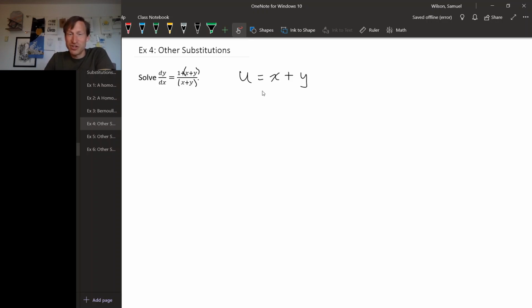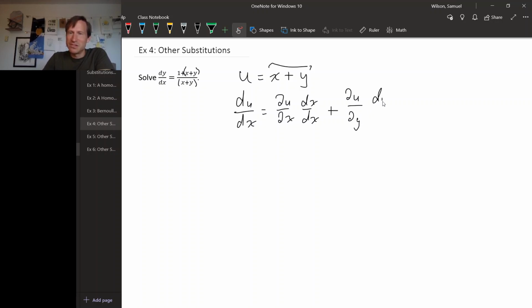Of course, now that we've introduced a new variable, we have to figure out how du/dx is related to dy/dx. So we need to differentiate both sides. So du/dx, and remember the multivariable chain rule, is the derivative of this formula with respect to x times dx/dx plus the derivative of our substitution formula with respect to y times dy/dx.